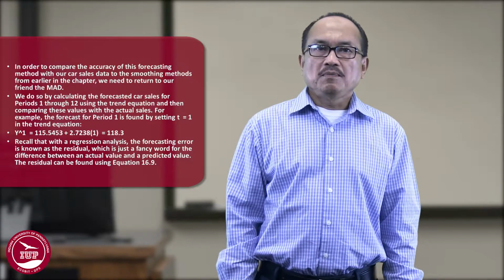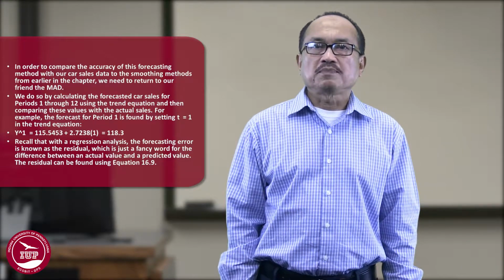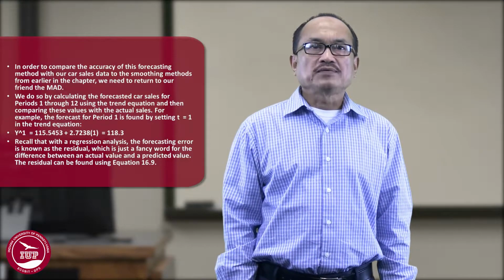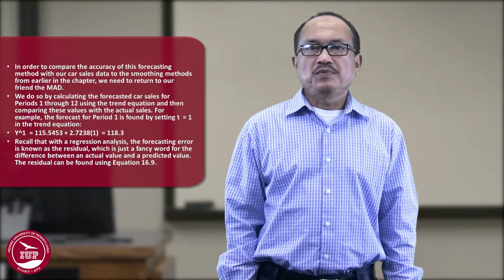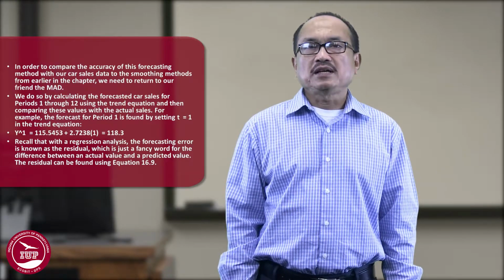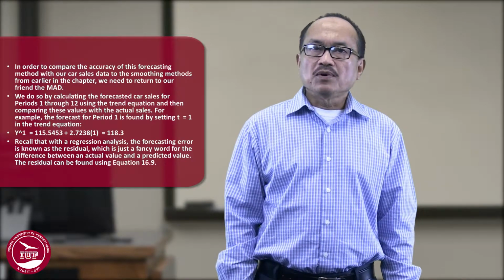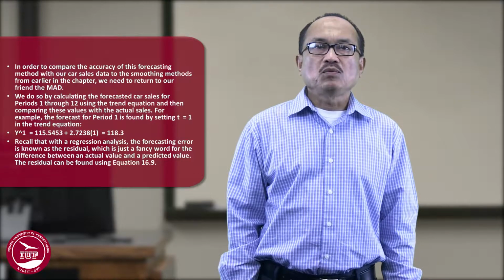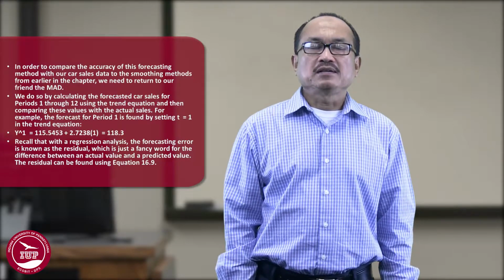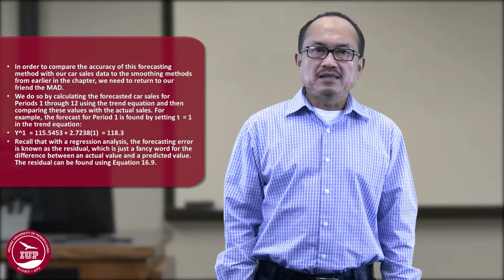We do so by calculating the forecasted car sales for periods 1 through 12 using the trend equation and then comparing these values with the actual sales. For example, the forecast for period 1 is found by setting t equal to 1 in the trend equation, where ŷ_1 is equal to 118.3.